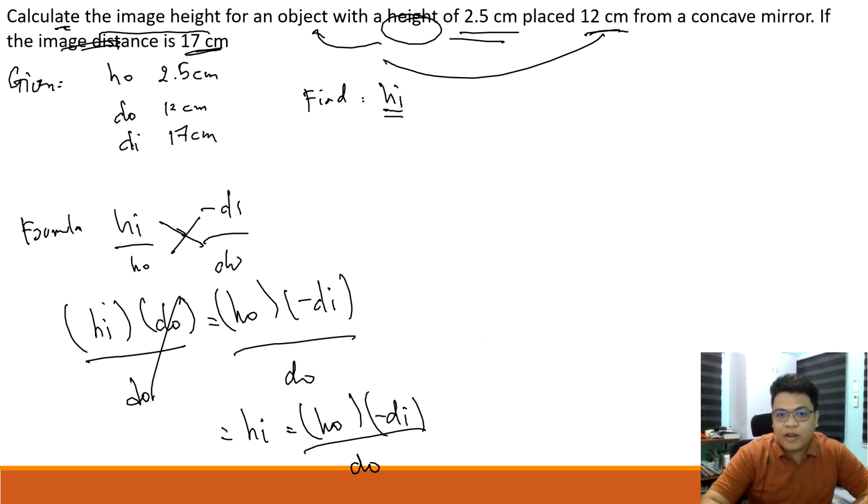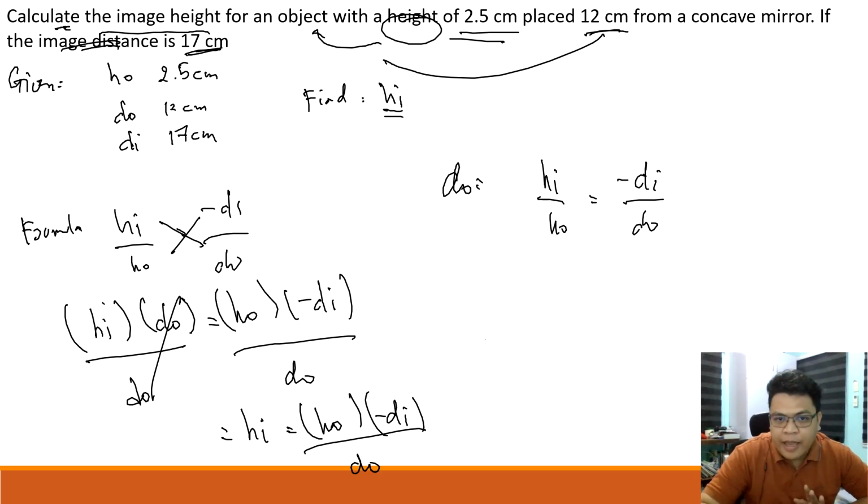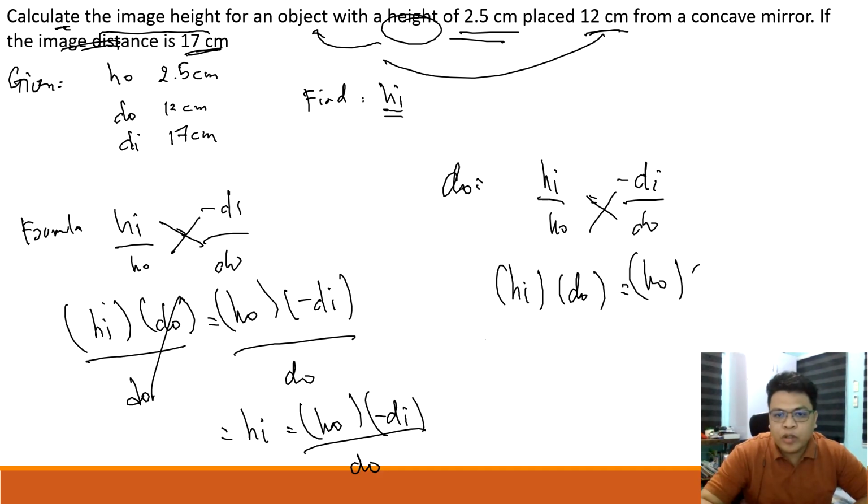So let's try another derivation. So for example, I need to find DO. Si DO naman ang nawawala. So I have here the general formula of HI over HO equal to negative DI over DO. So first step again, we need to cross multiply. So you have HI multiplied by DO equal to HO multiplied by negative DI.